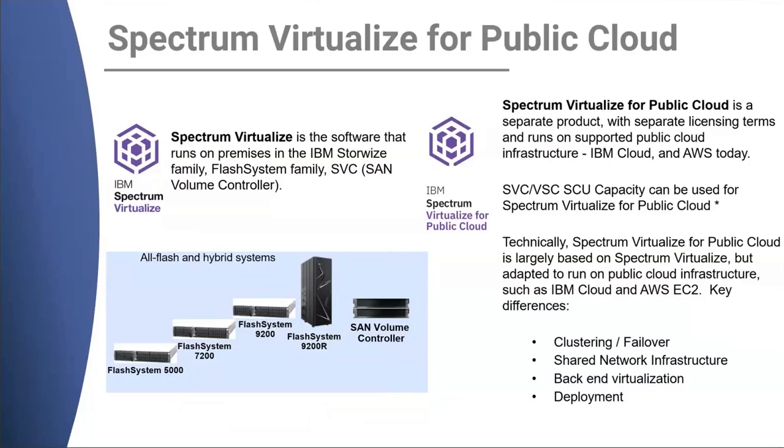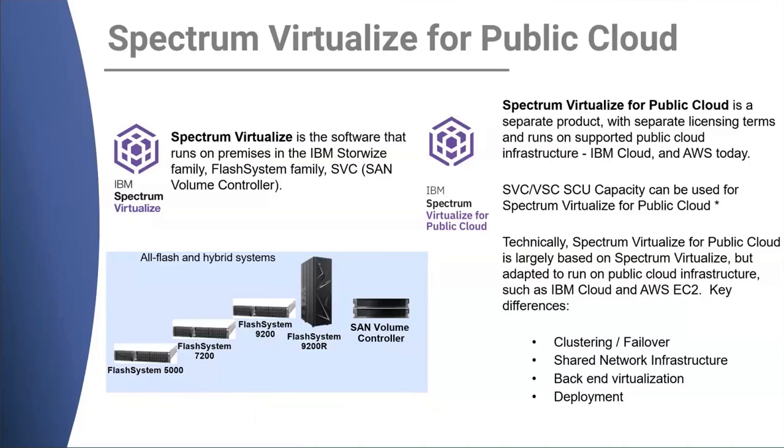Technically, Spectrum Virtualize running on public cloud infrastructure, which means public cloud servers or VMs, is largely based on Spectrum Virtualize. It's mostly all the same code, but it has been adapted to run on public cloud infrastructure. So things like clustering and failover are a bit different because of the way that the infrastructure is engineered. In a hyperscaler, for example, there are no Fibre Channel components. Also, it's a shared network infrastructure.